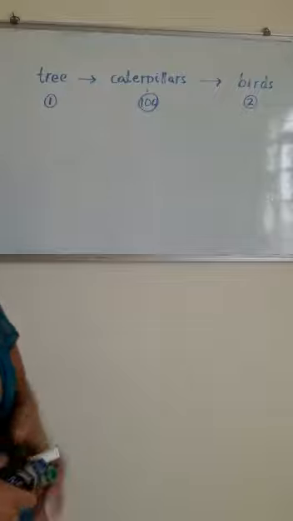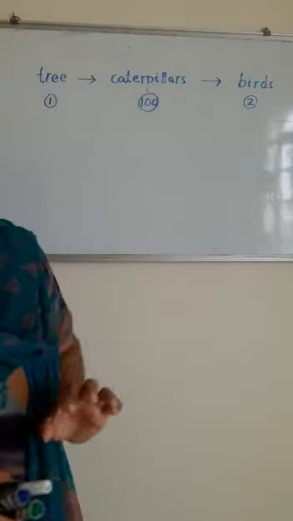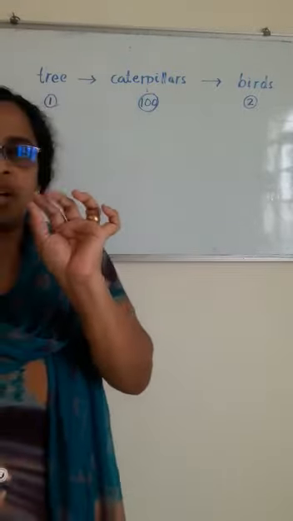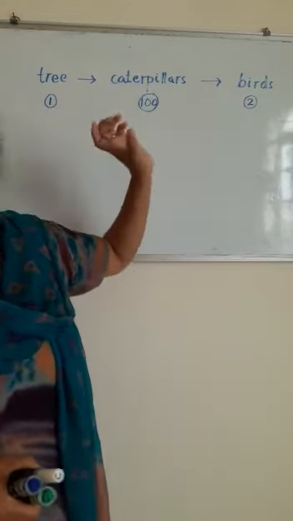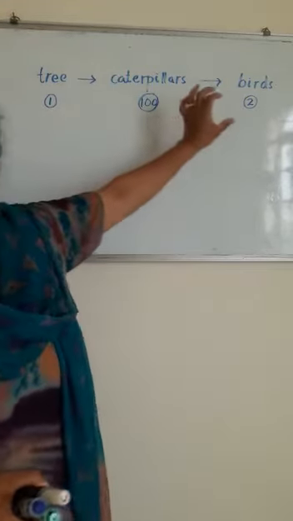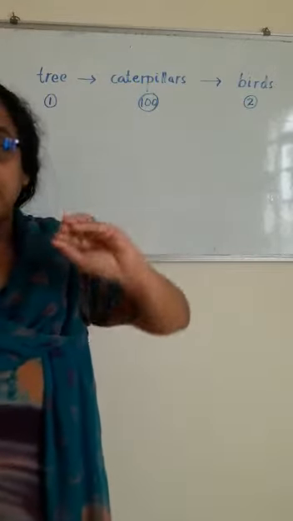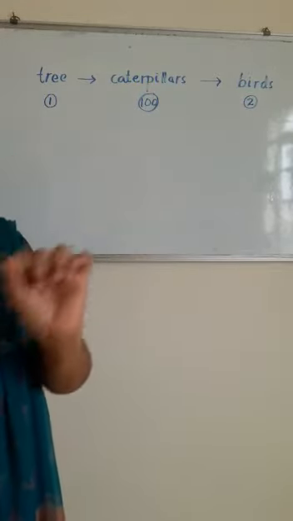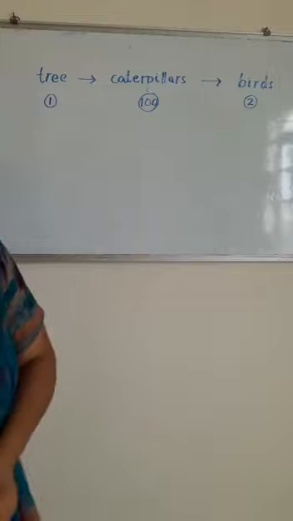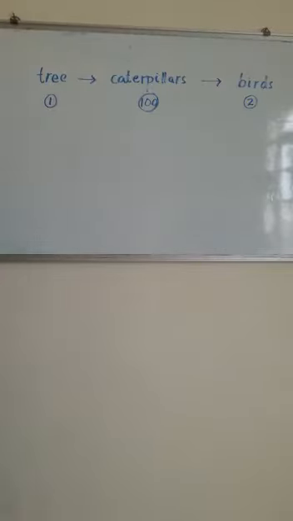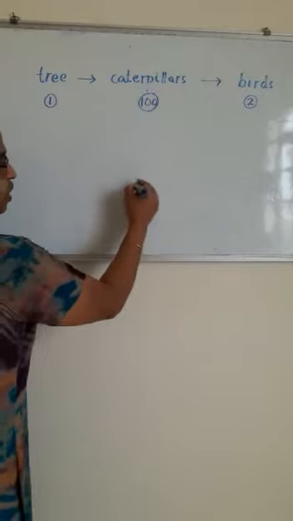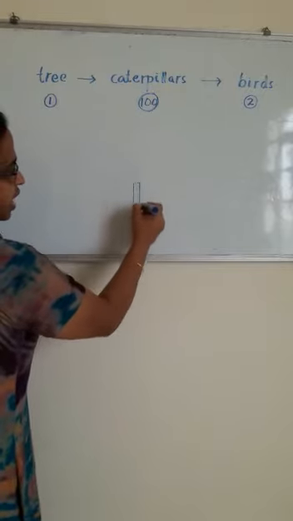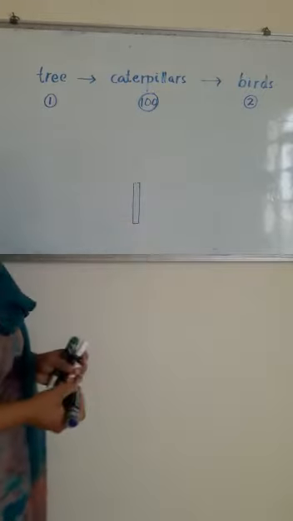Okay, we can represent this food chain using rectangular blocks. These numbers of trophic levels we can represent with rectangular blocks, that is known as pyramid of numbers. For example, we must always start with the producer and that must be at the lowest level.